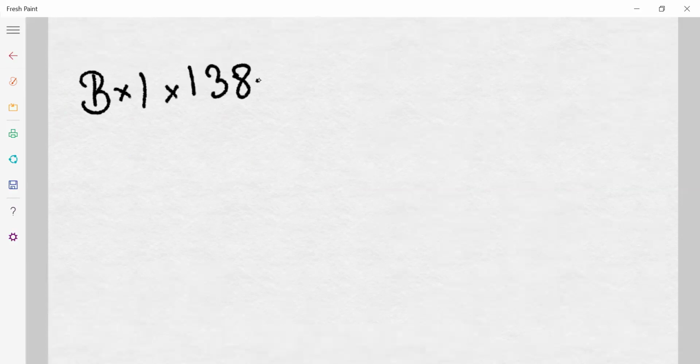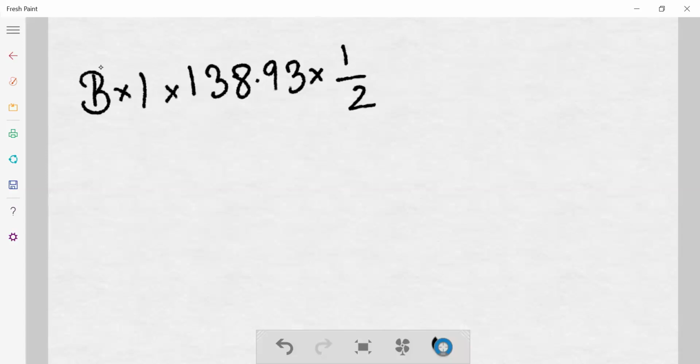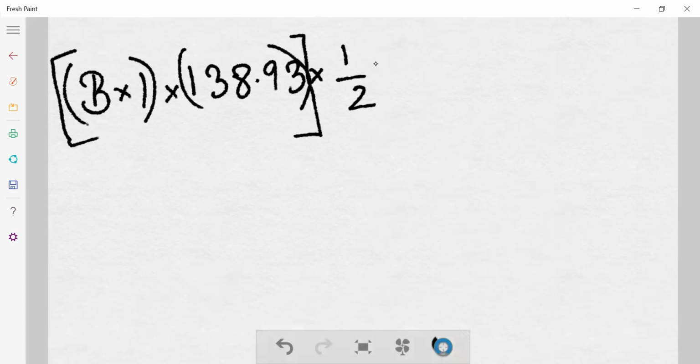Okay, so moment will become B into 1 into 138.93 into half. Okay, this is the area, this is the pressure. Ultimately, this will become the whole load into the distance of the point of action of the load to the face of the column, which is half.